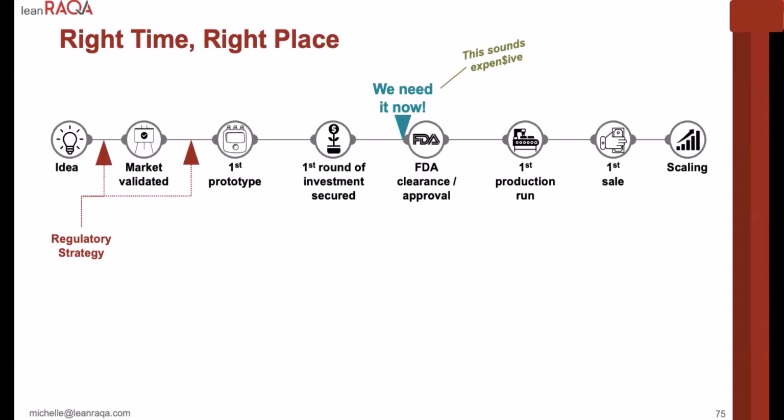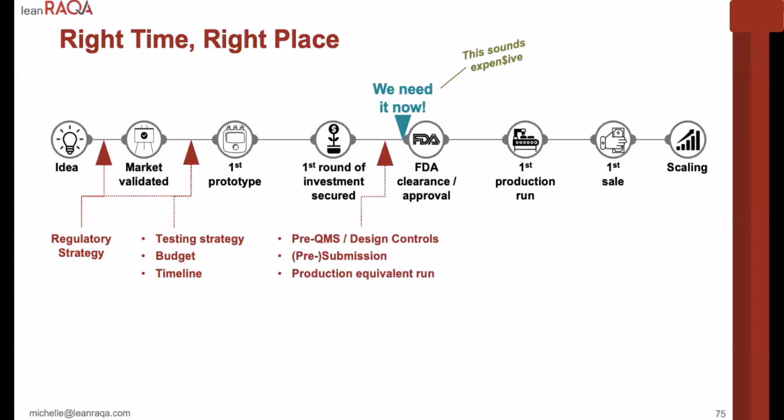is the right time is somewhere between ideation and market validation. Your testing strategy, your budget, and your timelines need to be defined before really your first prototype, because they're going to inform the device specifications for your first prototype and keep you from prototype testing where your prototypes fail, and then you have to keep reiterating your testing.